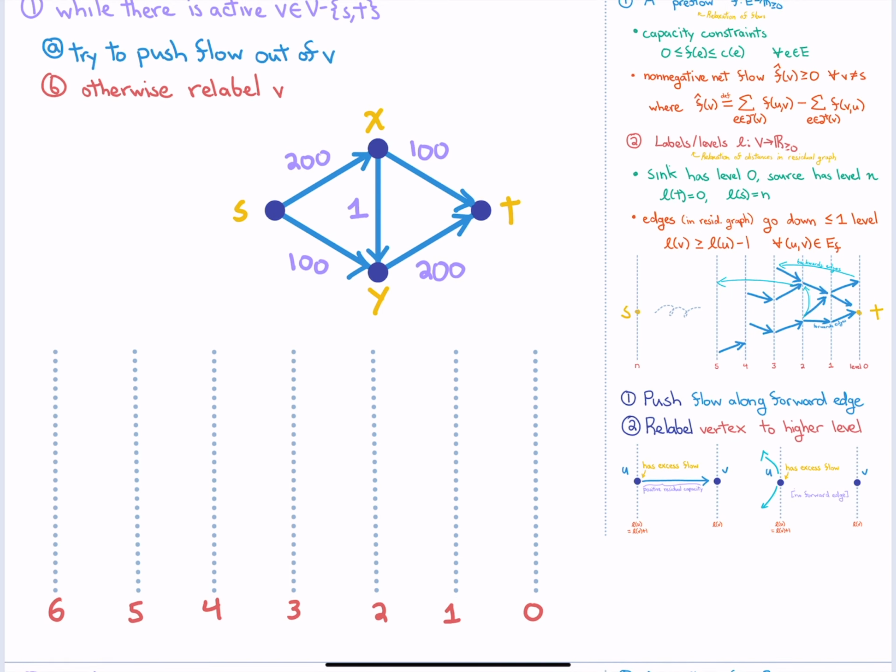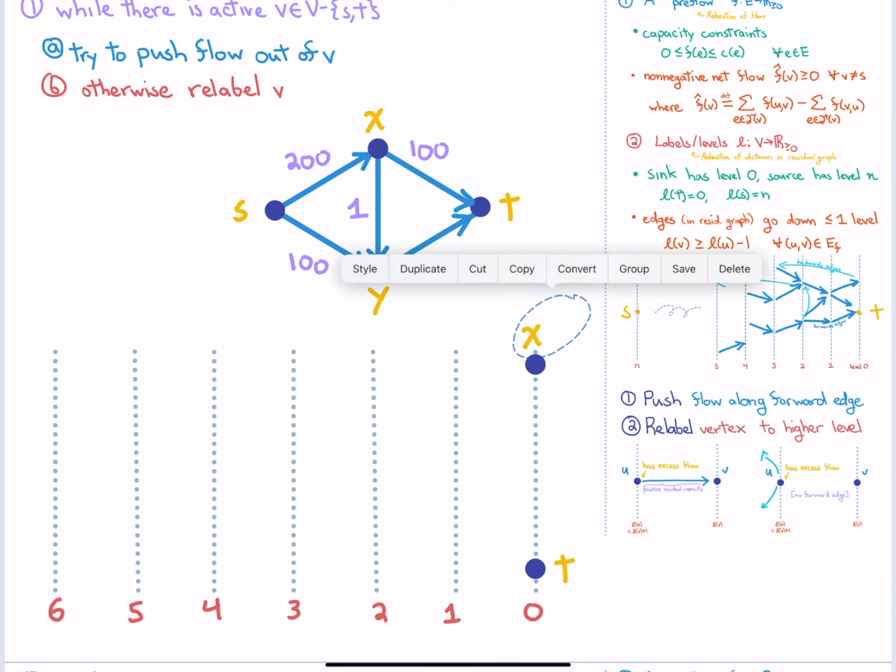I found that it's helpful to actually just simulate this, so let me do that. Each of these gray lines represents the label corresponding to the number underneath. Initially I'm going to put everything at level 0.